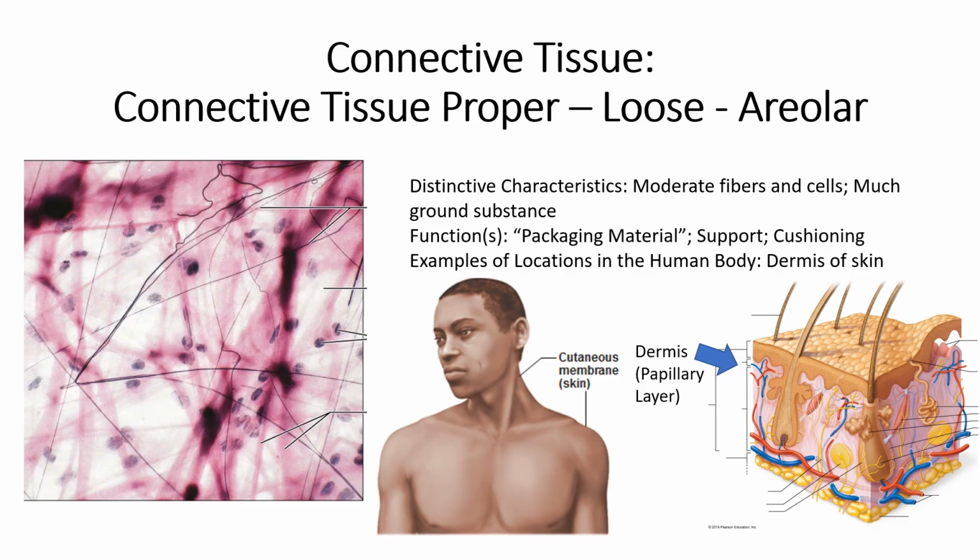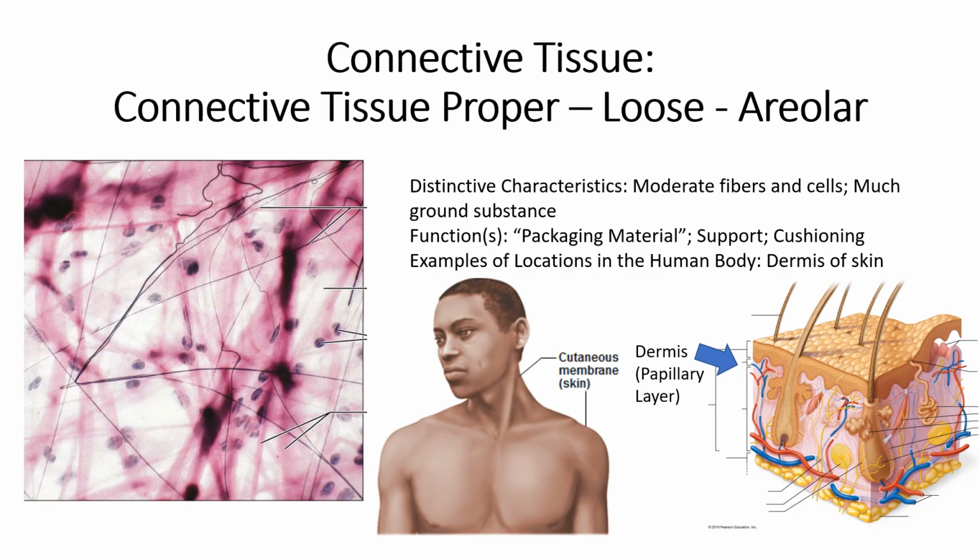So for the areolar type of loose connective tissue proper, in this image you can see a lot of white or light pink shading in the background. All of the white or light pink shading represents the ground substance, right?